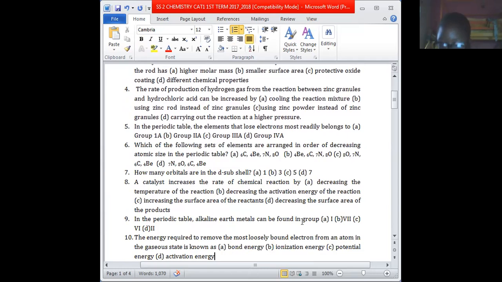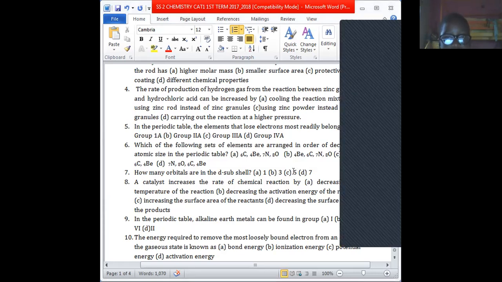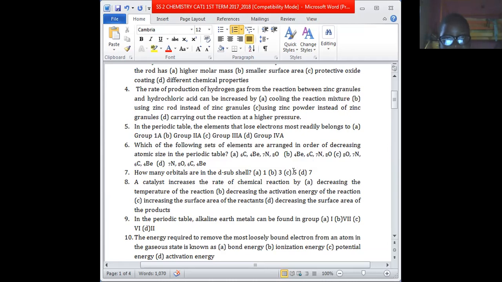C. You said C? Number 6. Which of the following set of elements are arranged in order of decreasing atomic size? You said C. Atomic size, the size. Remember decreasing, from high to low. B, C, N, O. And then you said Be is 4.